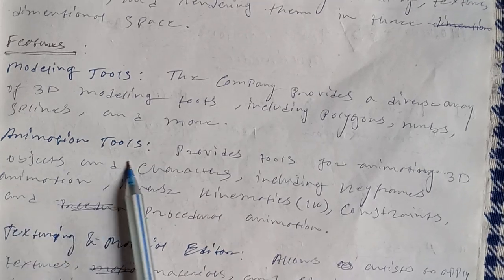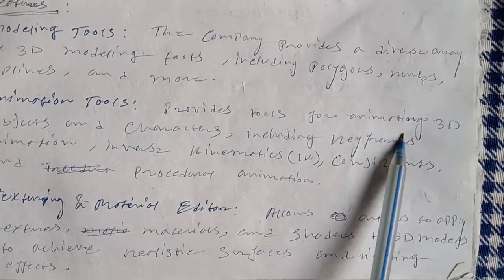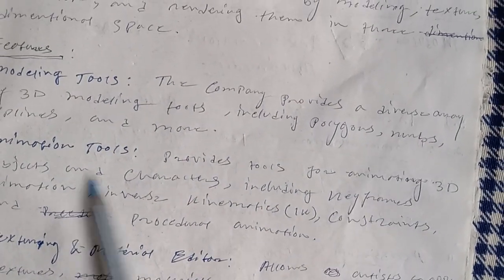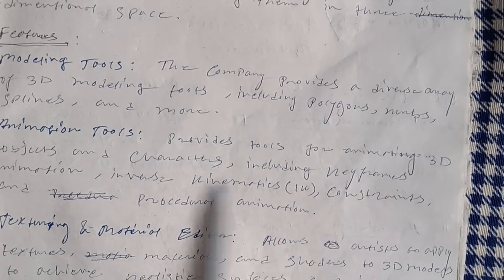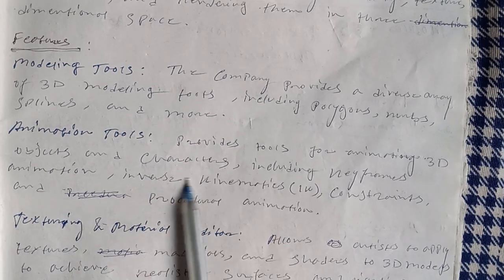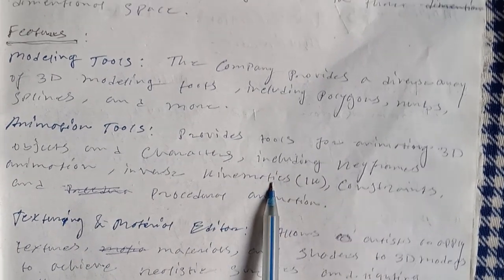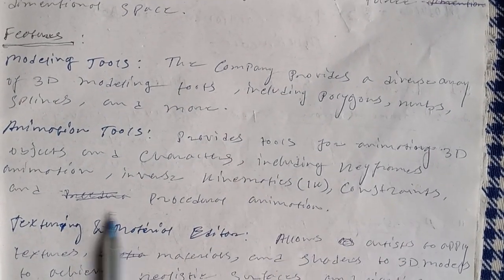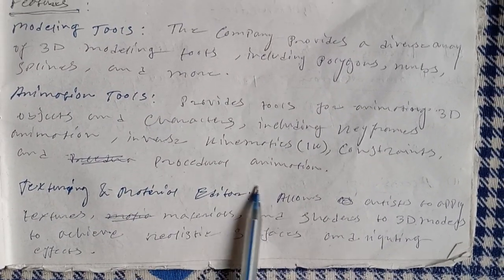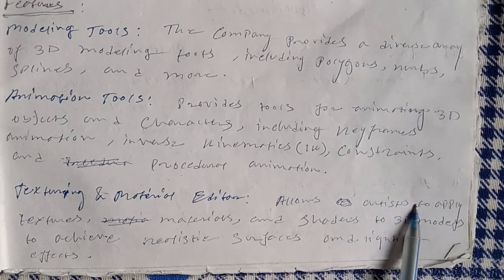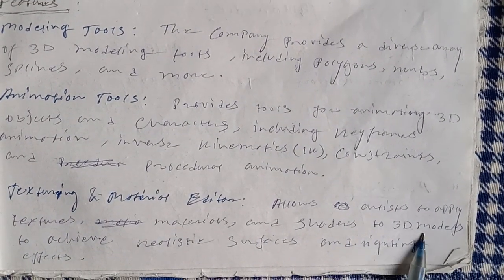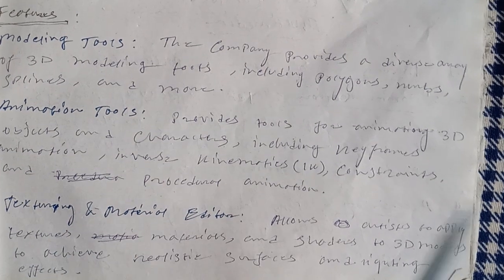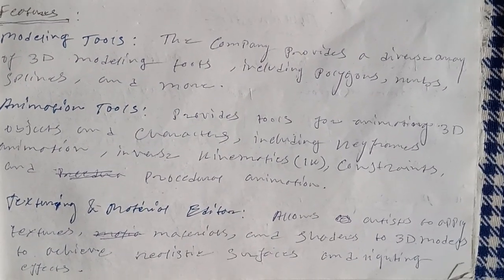Next is animation tools, which provide tools for animating 3D objects and characters, including keyframe animation, inverse kinematics, constraints, and procedural animation. Then we have texturing and material editors that allow artists to apply textures, materials, and shaders to 3D models to achieve realistic surface and lighting effects.